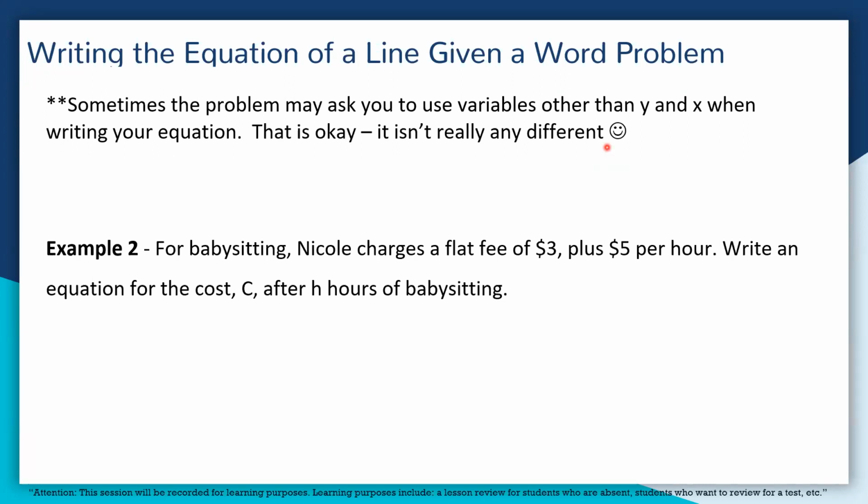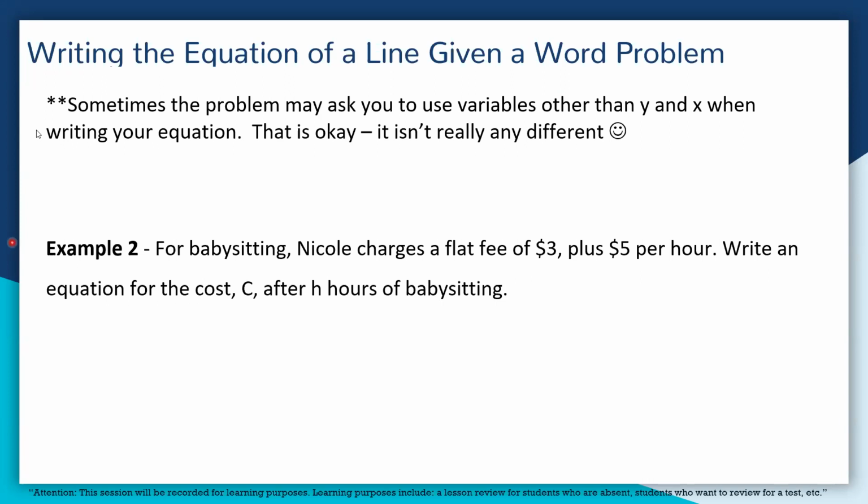This can happen when you have real world scenarios because sometimes it is helpful because then we can remember what the cost is, what the hours are. So we'll figure out which one's which in a moment. But now let's read back through the problem and try to identify our slope and our y-intercept. So I see that Nicole is charging a flat fee of $3.